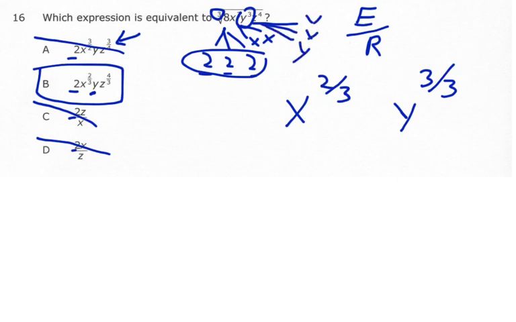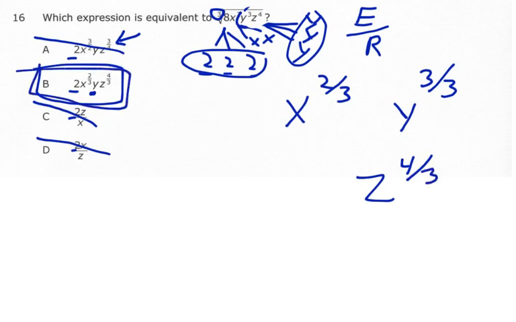So if you have 3 of something, remember, they break out of jail, so that would just be y. And they got z to the 4/3. Let's just double check that that's right. So our z, the exponent on that is 4, and it's ER, so the root is 3, and yes, that's going to be right. So we just proved B is definitely correct, and we just verified it on all accounts.